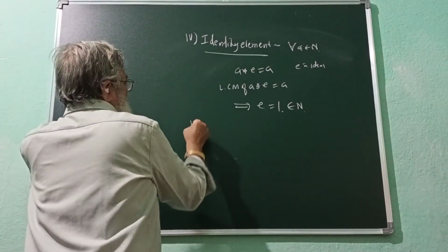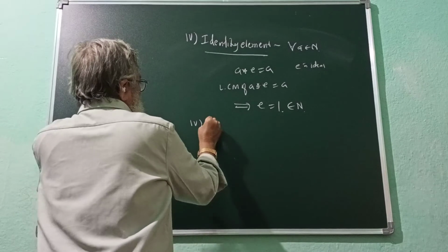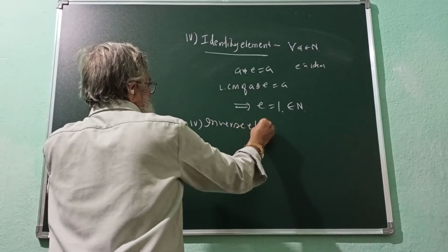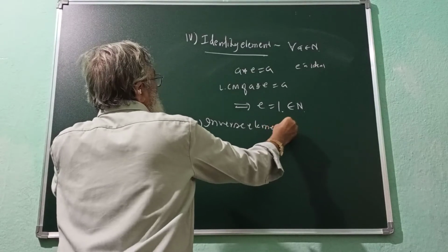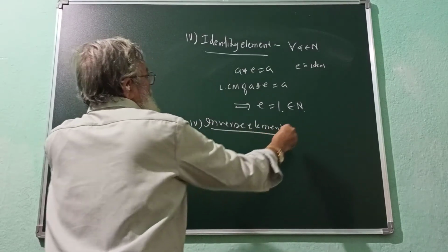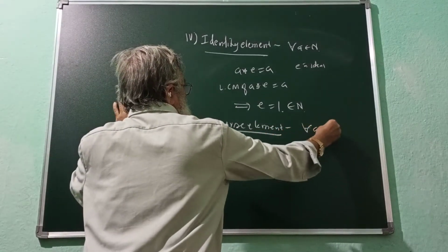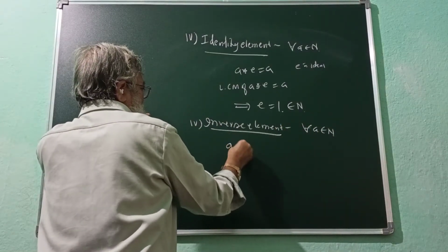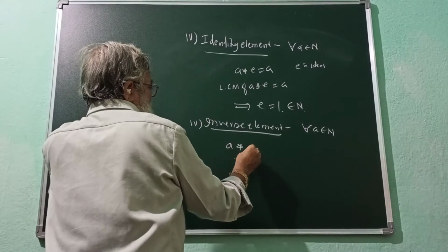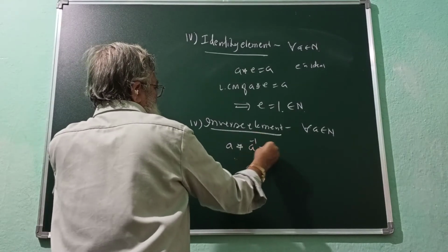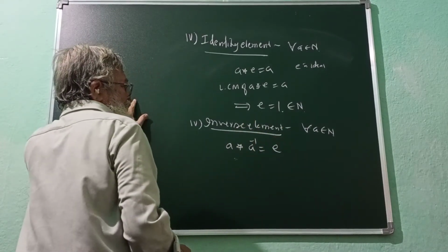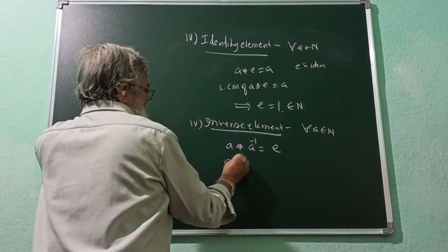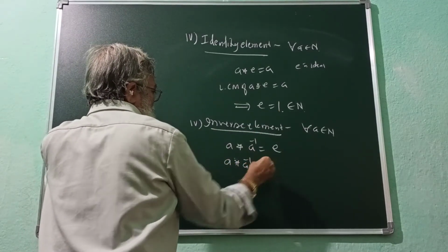Now next, inverse element. For every A belonging to N, A star A inverse must be equal to the identity. We already calculated the identity, so A star A inverse is equal to 1.